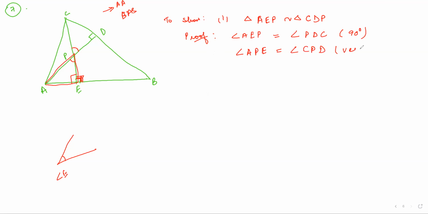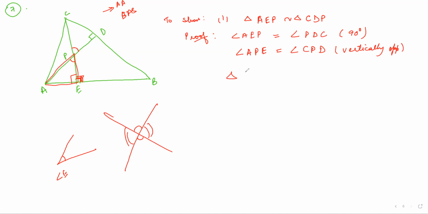Okay, they are called vertically opposite. When you have intersecting lines, whenever you have an X forming, this angle is equal to this angle, and this is equal to this, right? They are called vertically opposite. So the AA criteria is fulfilled here.